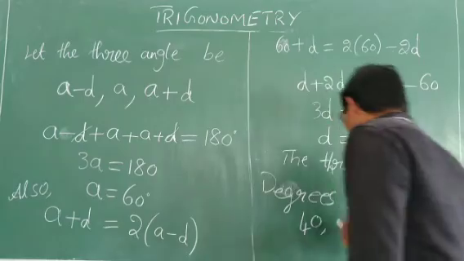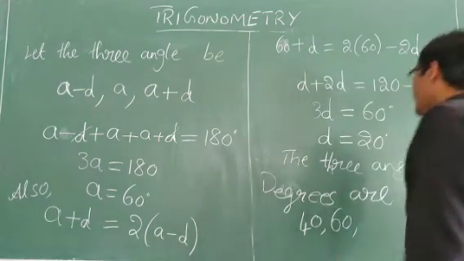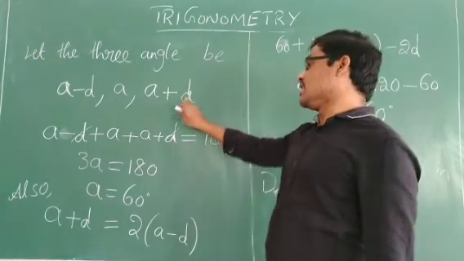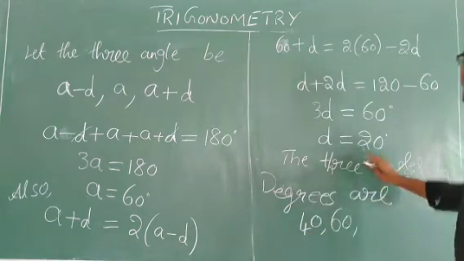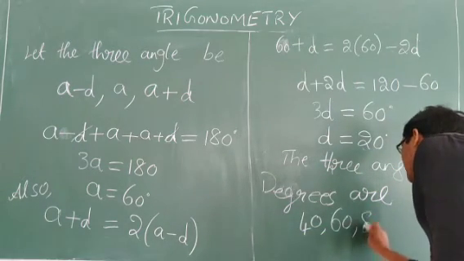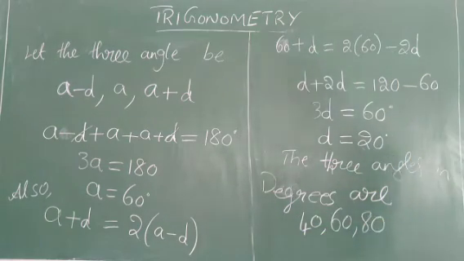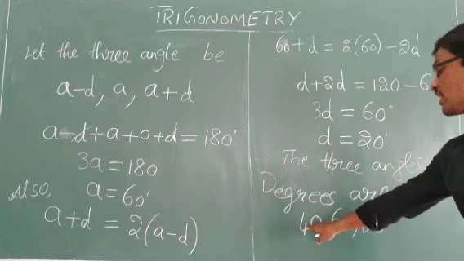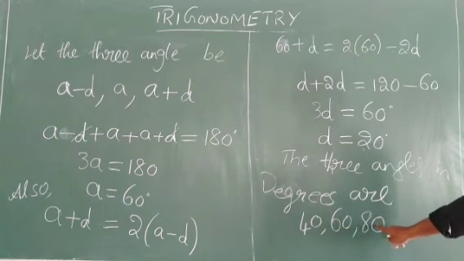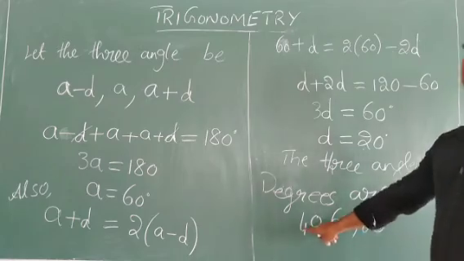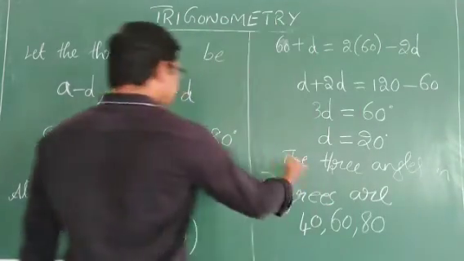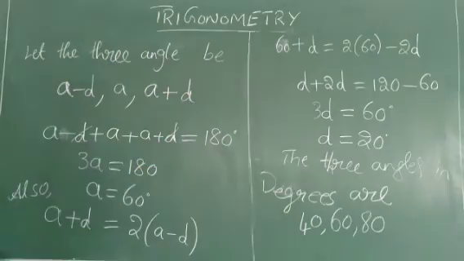Then a, that is equal to 60. Then a plus d, that is 60 plus 20, which is equal to 80. Now you can verify the condition. The greatest angle is 2 times the least angle. So these are the values in terms of degrees.